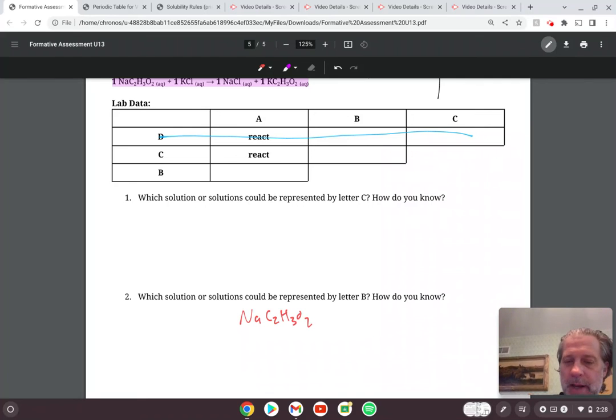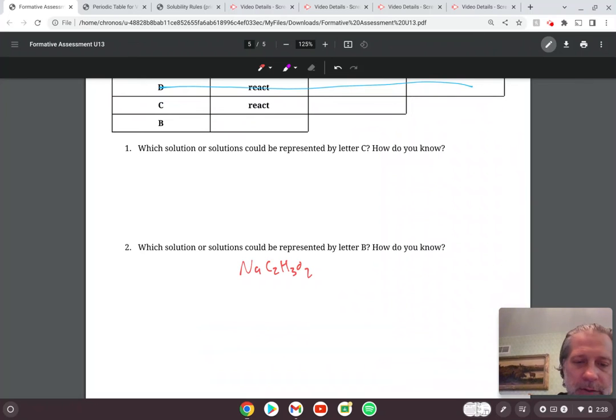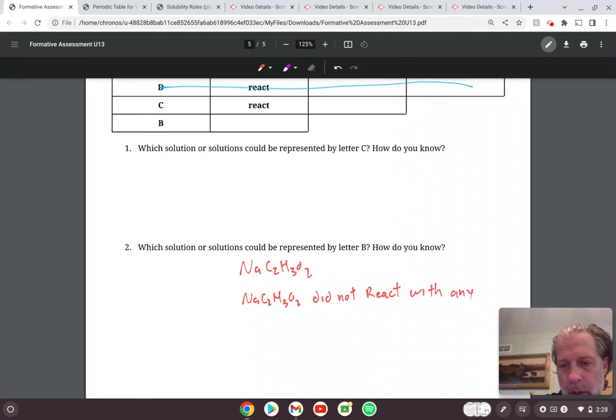The reasoning that I can supply for this is the fact that sodium acetate did not react with any of the other reactants.